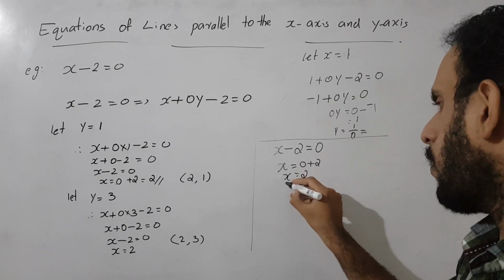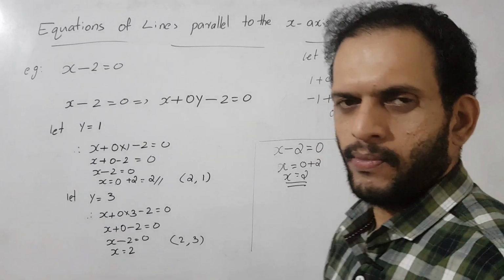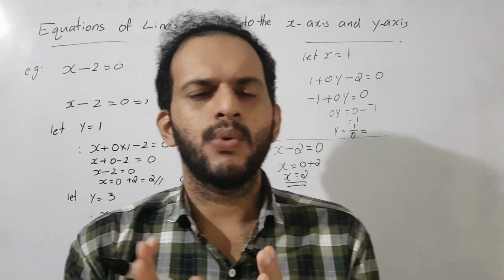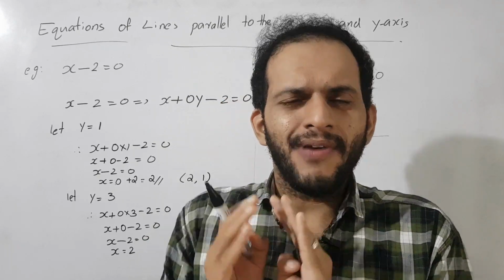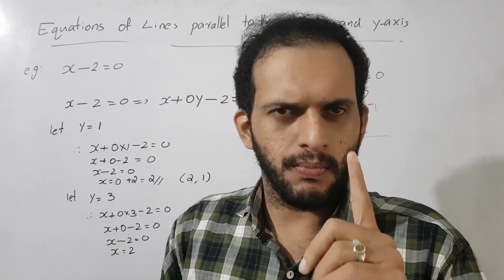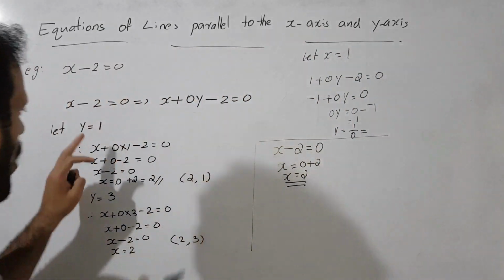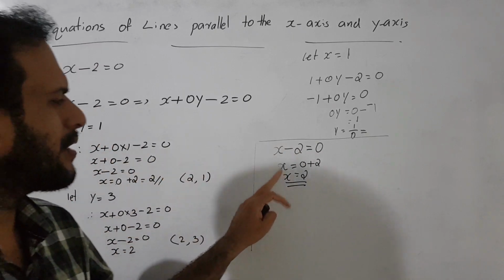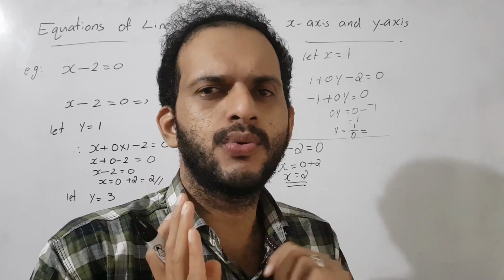Now we got the equation in the form x is equal to 2. This means if we choose any value for y, the x value never changes, the value of x is always 2.